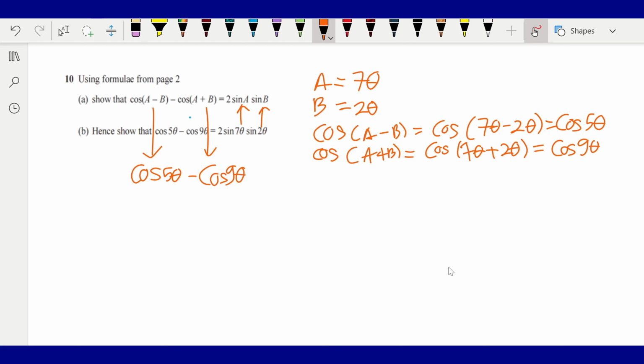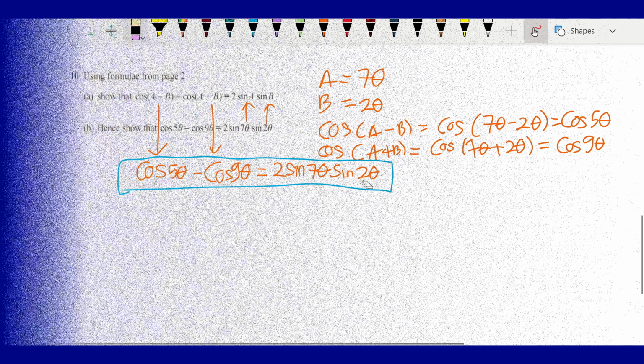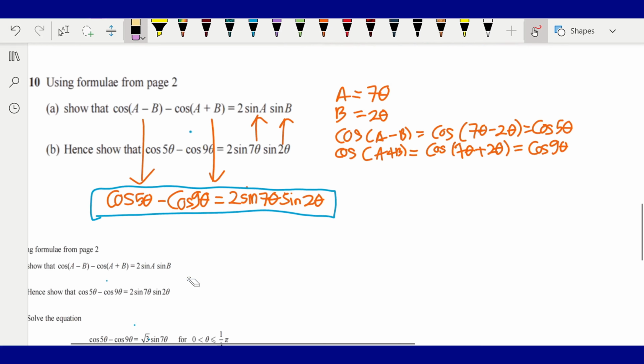So it's proved that it equals 2 sin 7 theta sin 2 theta. So here we have written down that cos 5 theta minus cos 9 theta equals 2 sin 7 theta sin 2 theta. So guys, now we are done with A and we have done with B. Now we go to C.